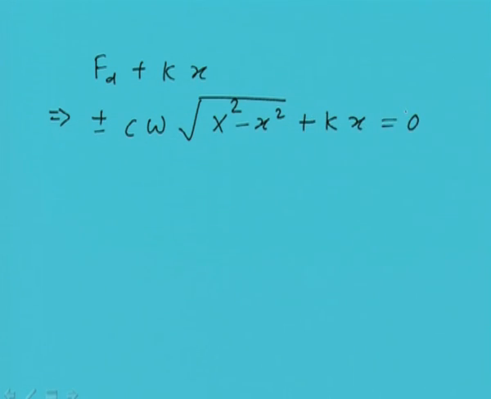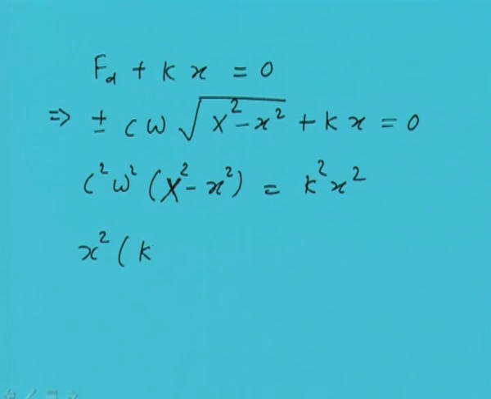So ft plus kx, which can be written as Cω√(X² − x²) plus kx is equal to 0. This is 0, and if we square it, we'll get this, and if we rearrange this, we can rearrange this as (k² + c²ω²)x² is equal to c²ω²X².